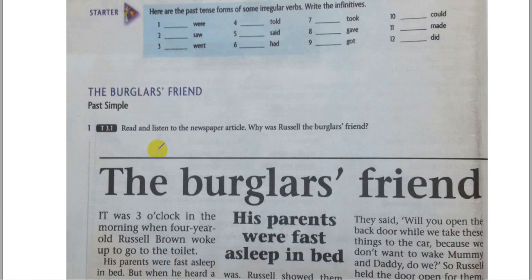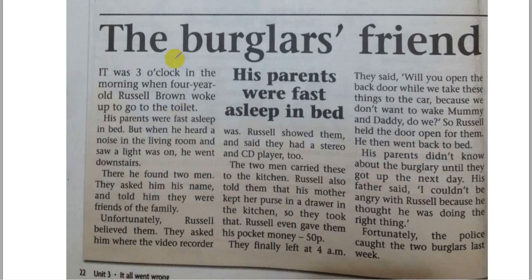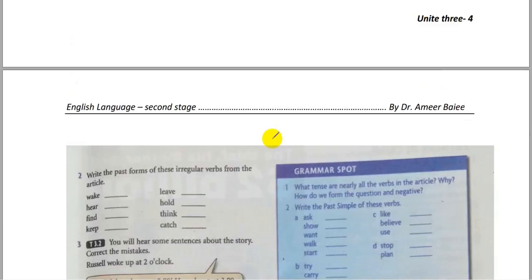هنا عندنا بعض exercises الخاصة بunit 3. For example, for this passage, you have to read it and recognize where the past form is. For example, it was 3 o'clock. Here, was refers to the past, and you can continue looking for the past form.